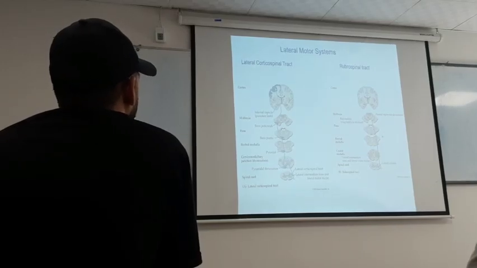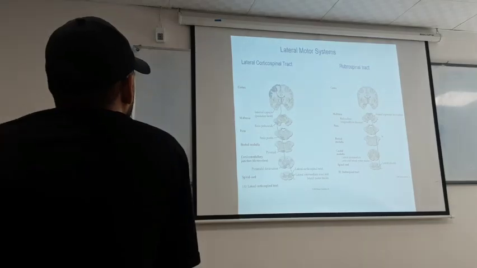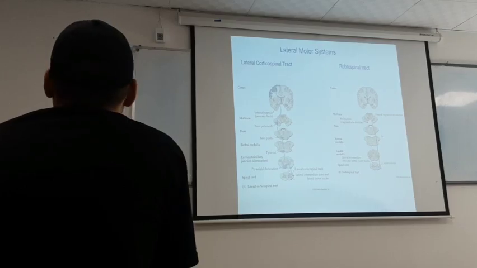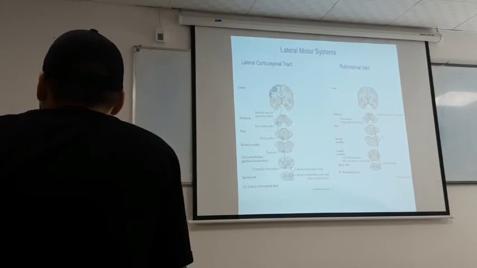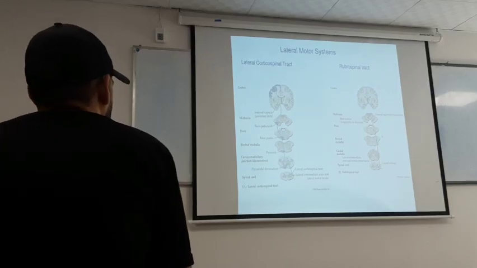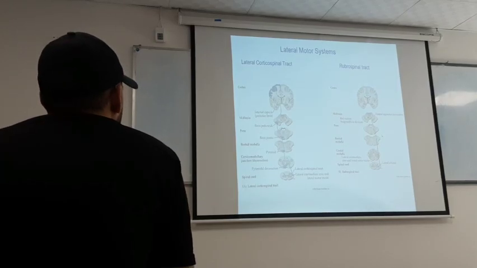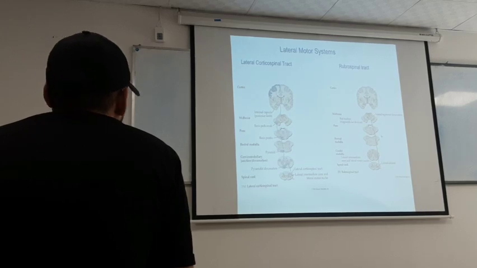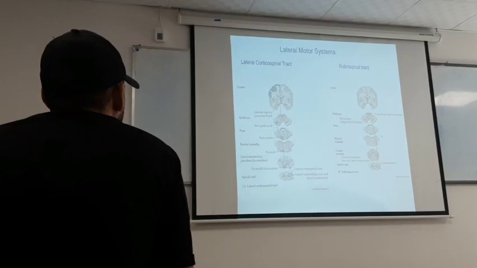This lateral corticospinal tract starts in this region and finally goes to the anterior horn of the spinal cord. This lateral corticospinal is very important. We have two corticospinal tracts: anterior corticospinal and lateral corticospinal.